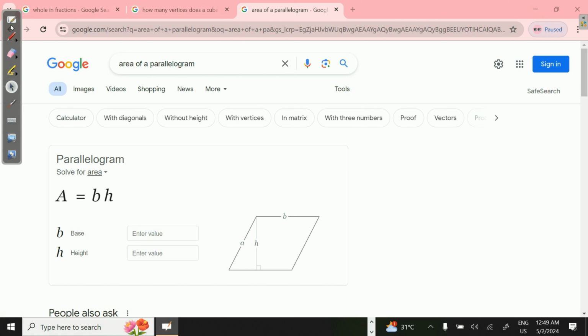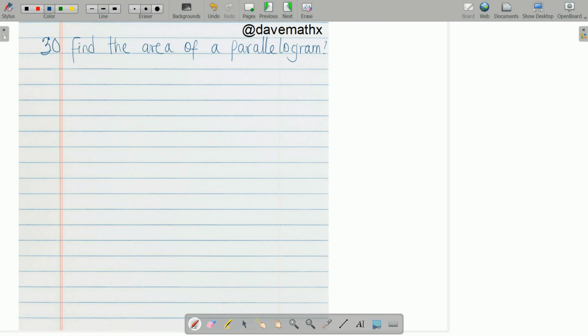Now we know the area of a parallelogram is base times height. Our base was 7 centimeters while our height was 4 centimeters.